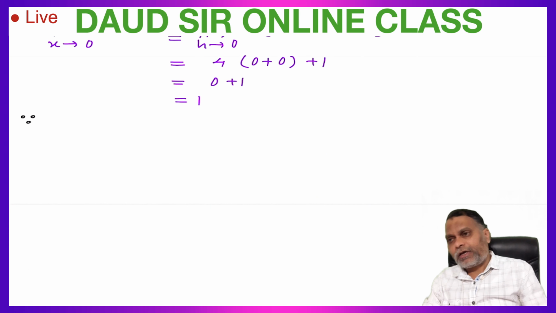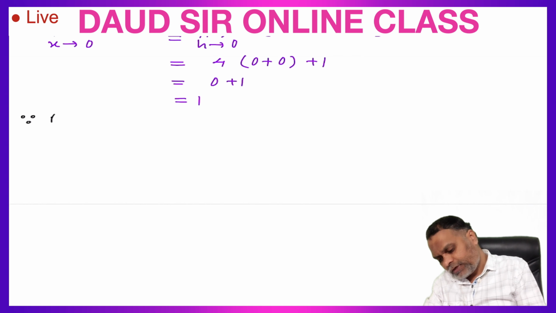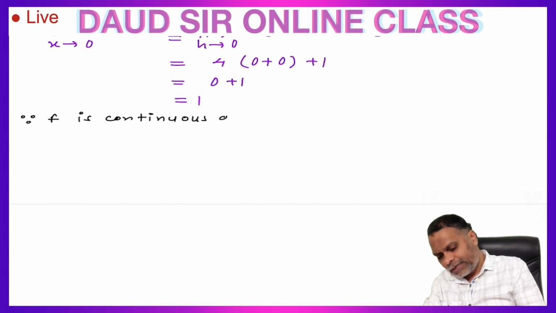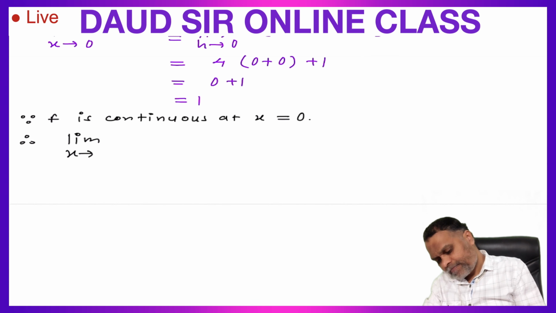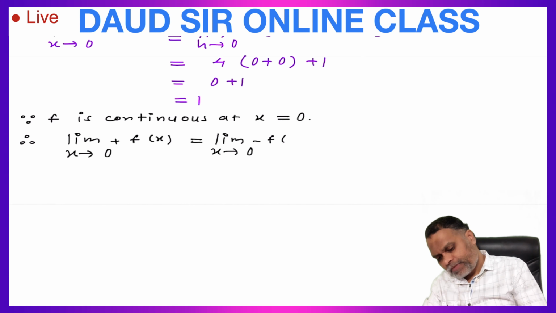Since the given function is continuous at x is equal to 0, since f is continuous at x is equal to 0, the right hand limit is equal to the left hand limit is equal to f of 0.